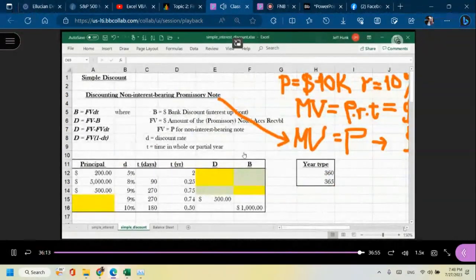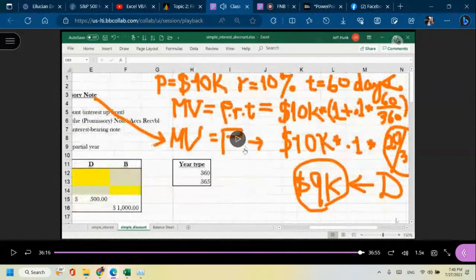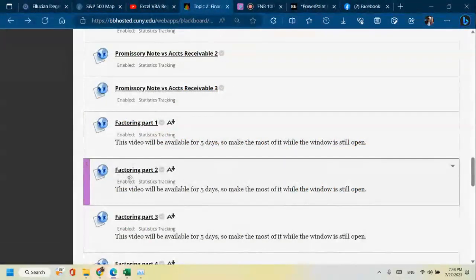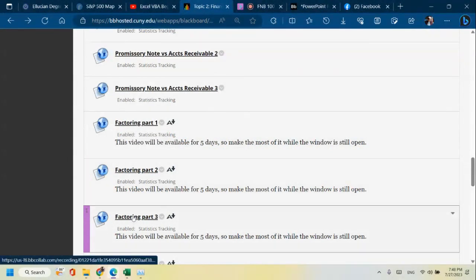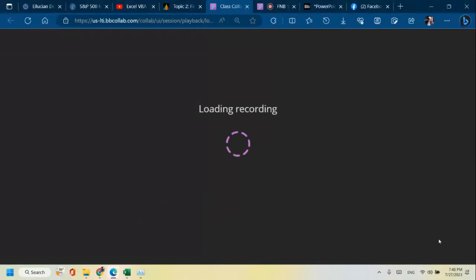But this was a very basic example. This is video number 2, factoring part 2. We haven't got to the mechanism yet.